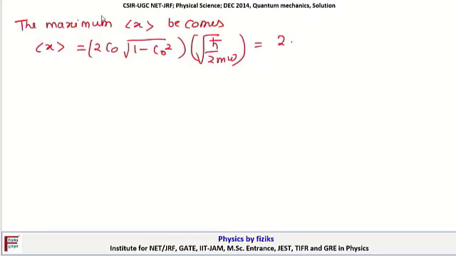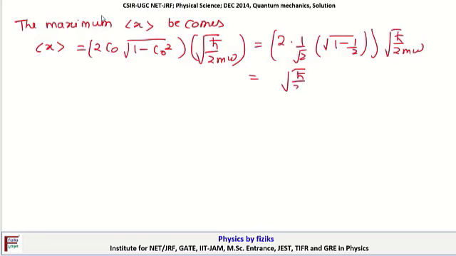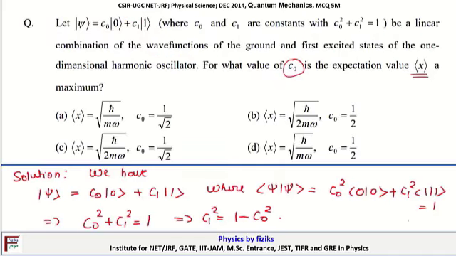So 2 into 1 by root 2 into root of 1 minus 1 by 2 into root over ħ by 2mω equals root over ħ by 2mω. Thus our answer for this problem would be option C.